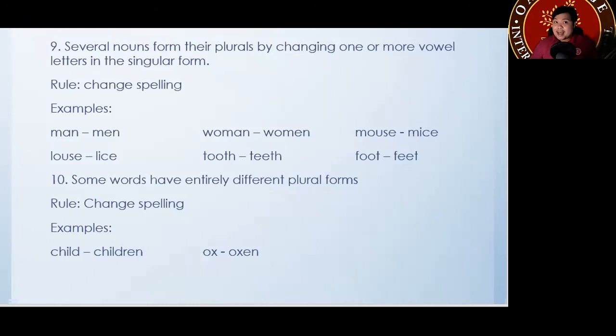But when you're talking about the computer mouse, the computer hardware, the part of the computer, the plural of this is mouses. Just add S. But when you're talking about the animal, mouse becomes mice. That's rule number nine.